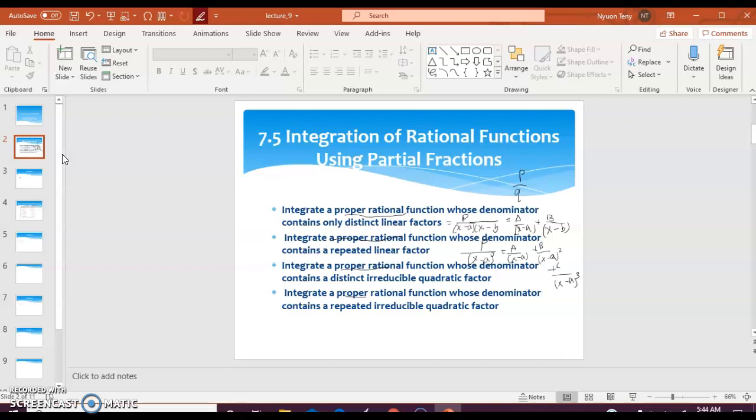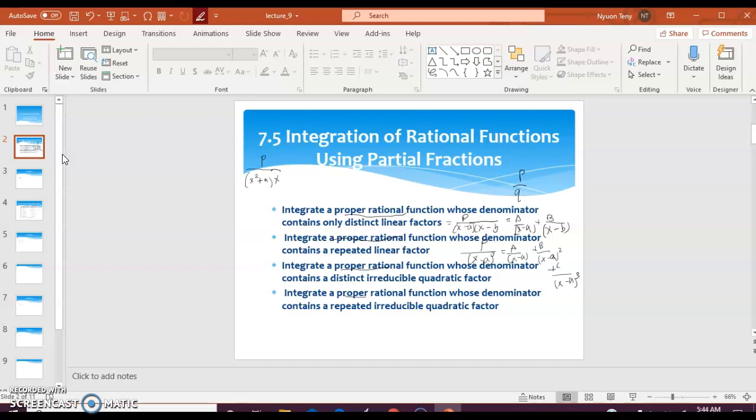Sometimes you may have a proper rational function whose denominator includes an irreducible quadratic factor. So say I have P over x squared plus a squared, say times x, for instance.